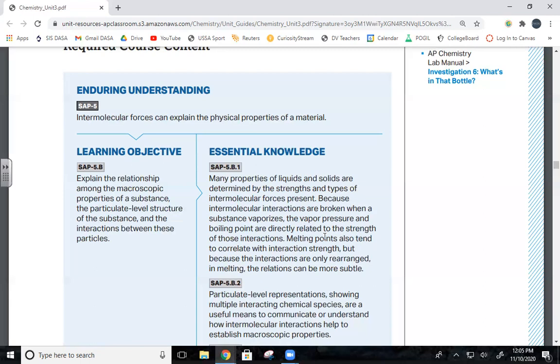Okay? So ionic compounds would have a high boiling point. Yeah, absolutely, because of ion dipole, right? Salt has a very high boiling point, an extremely high boiling point.